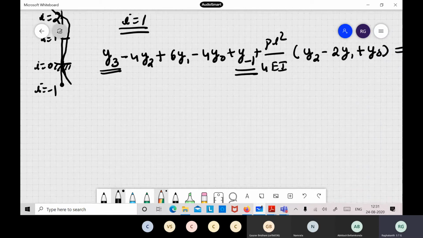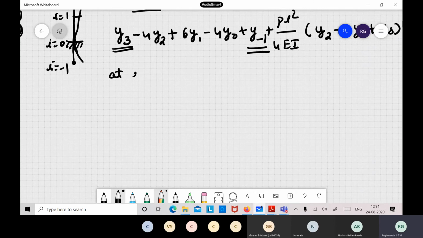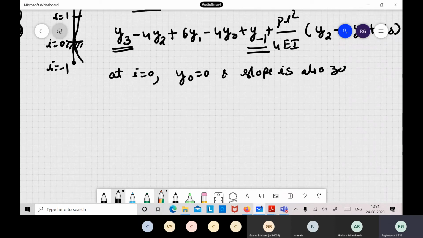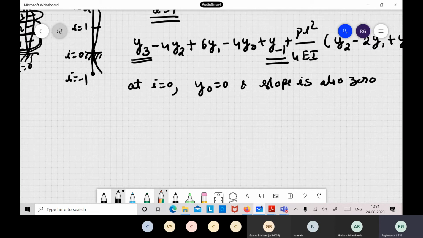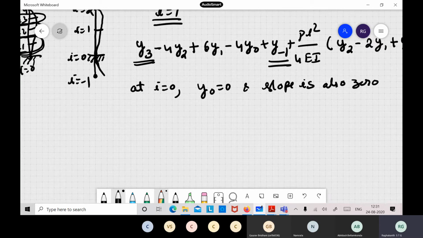Now as I already told you, at I is equal to 0 deflection is 0, that is y0 is 0, and slope also is equal to 0. Slope means the first derivative. Now how do you write the first derivative in finite difference, if you use the central difference formula? I plus h and I minus h. At I is equal to 0, I plus h means 1, I minus h means I is equal to -1.